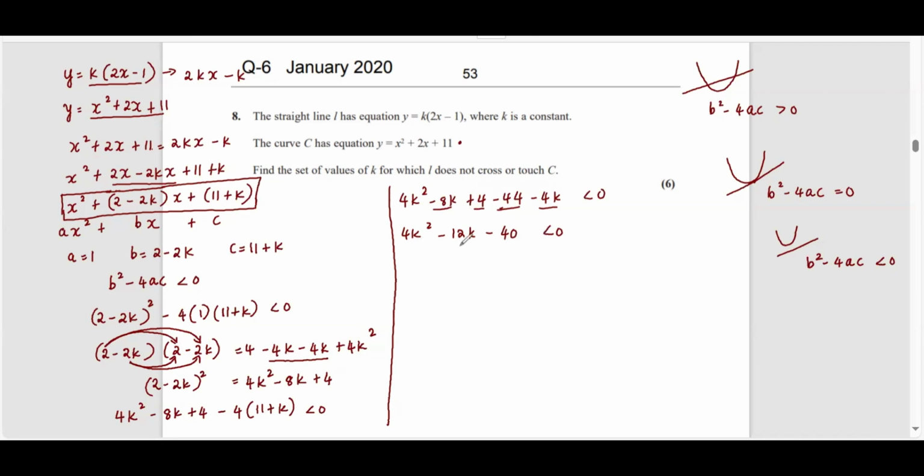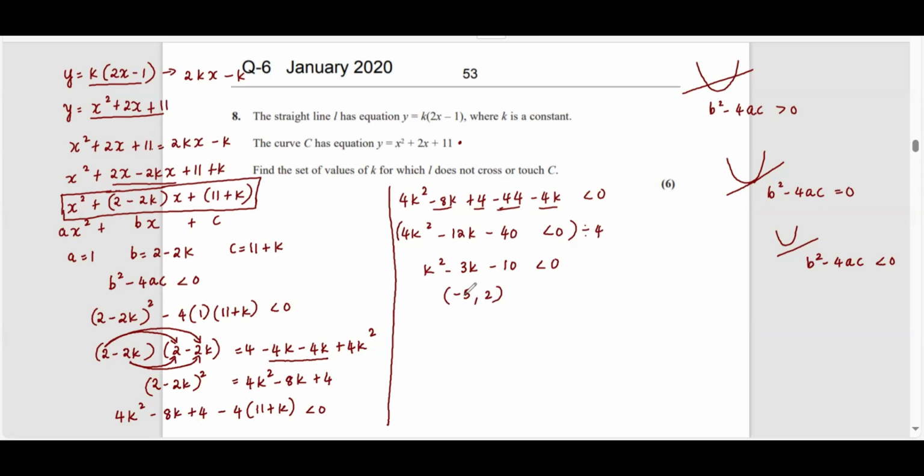I can see that all the numbers are divisible by 4, so I'll divide the whole inequality by 4. I'll get k squared minus 3k minus 10 is less than 0. Two numbers that multiply to give minus 10 and add to give minus 3 are minus 5 and 2.